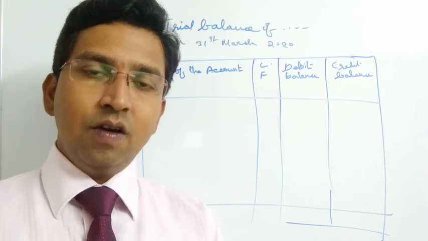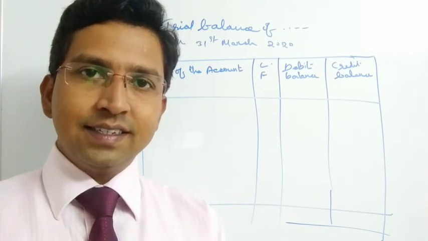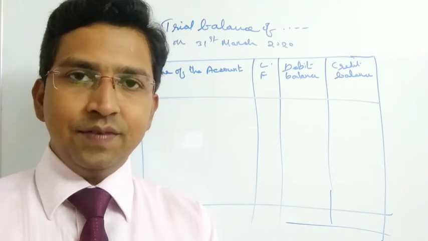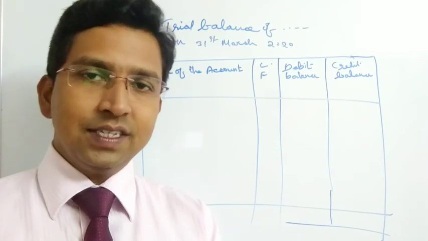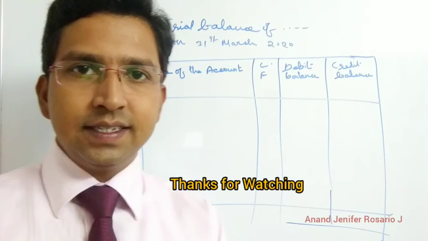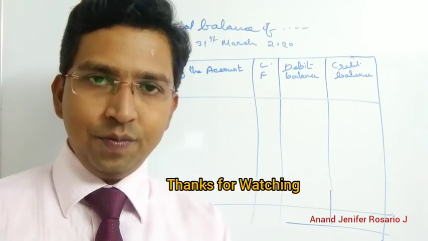After rectifying the errors, that suspense account value will be reversed. Until then, we can keep the difference amount in the suspense account. Okay, these are the basics of the trial balance. I hope you have understood.